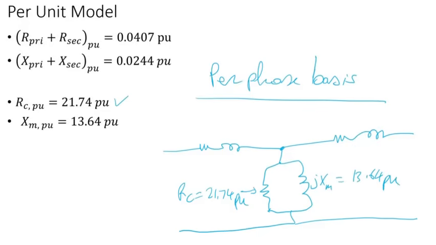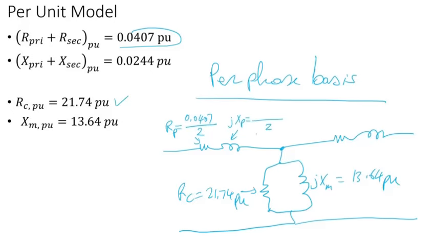This here is R primary, RP. I can just take this number and divide it by 2, so 0.0407 divided by 2. And this here, JX primary.